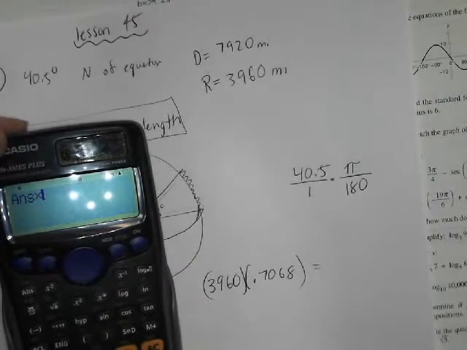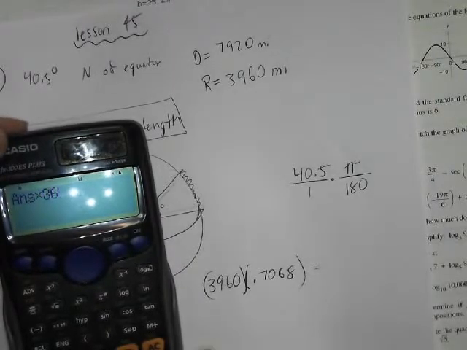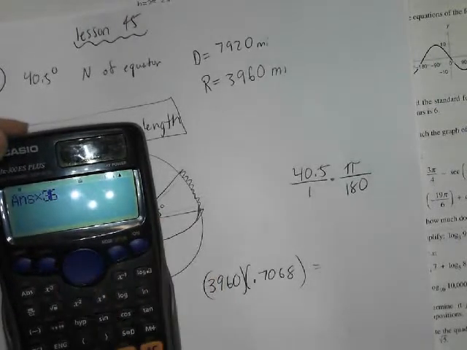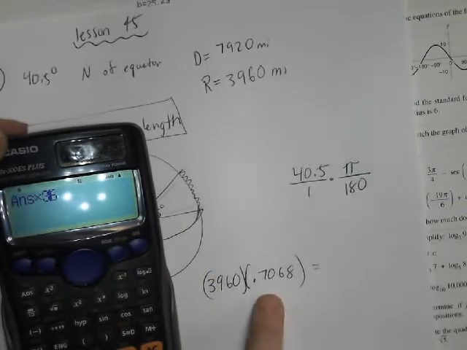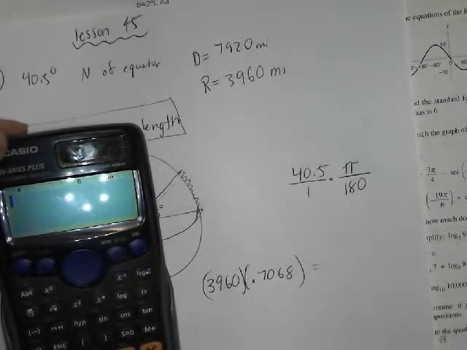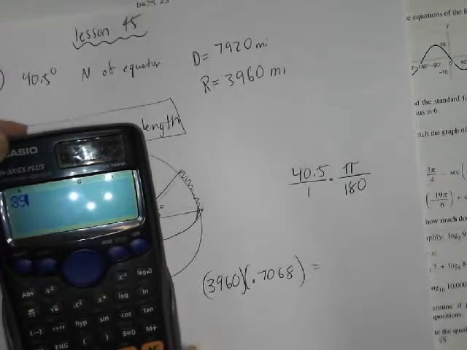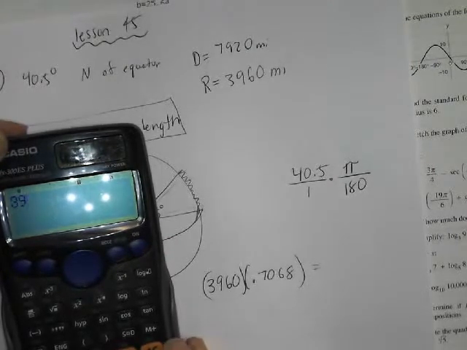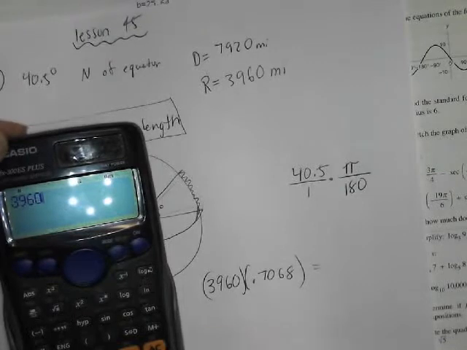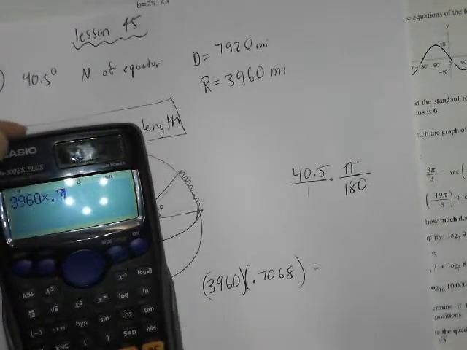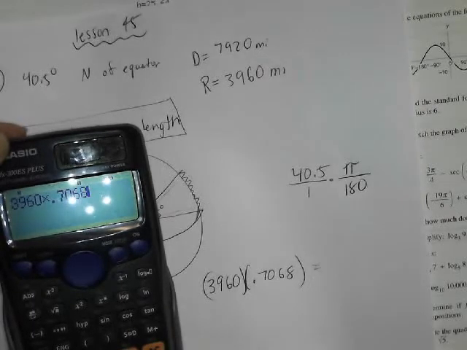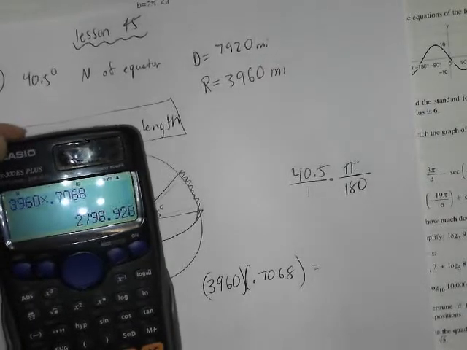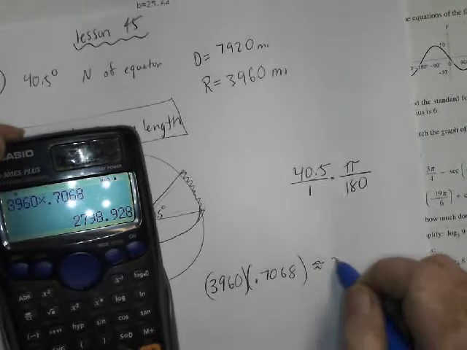Oh, I messed up. Good thing I wrote it down, huh? Oh, and it was just typed over the top of it? Oh, thank you. Well, mine's not going to be as accurate as yours, but at least I wrote something down, so I got something kind of close to 2,798.9.